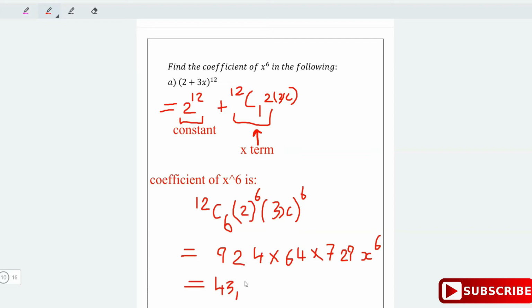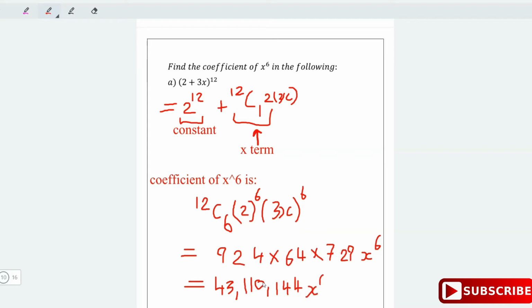Let me see that again. 12 choose 6 times 2 to the 6 times 3 to the 6. Just have to make sure, because this is a huge number. 43,110,144 x to the 6. So this is what we get.